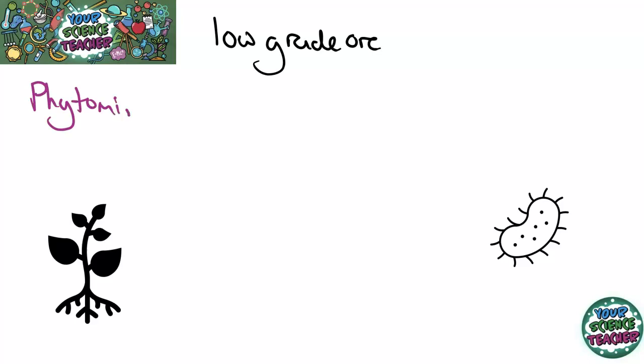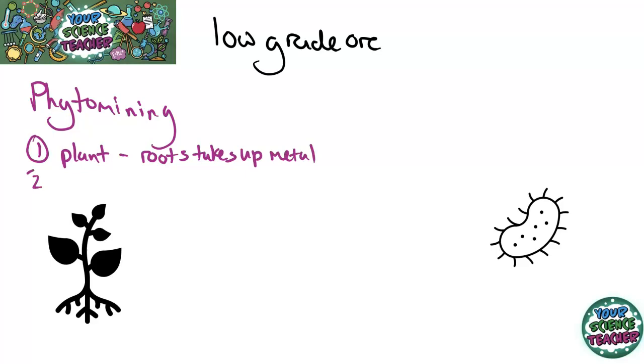And what phytomining involves is growing a plant on the low-grade ore, and what happens is over time the roots take up the metal, and because of this the plant will now contain that metal. And what we then do is we burn the plant, and the metal will then be contained in the ash.